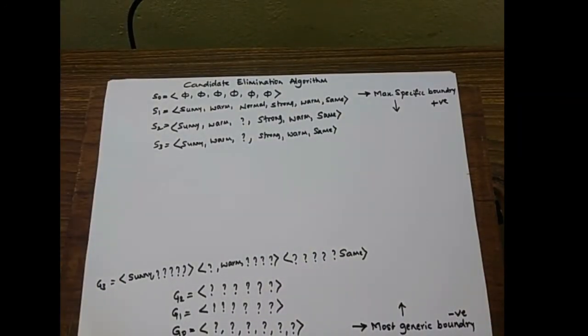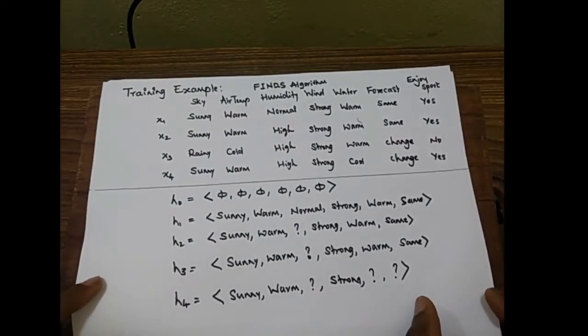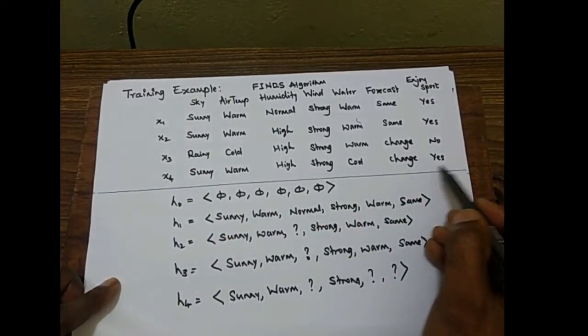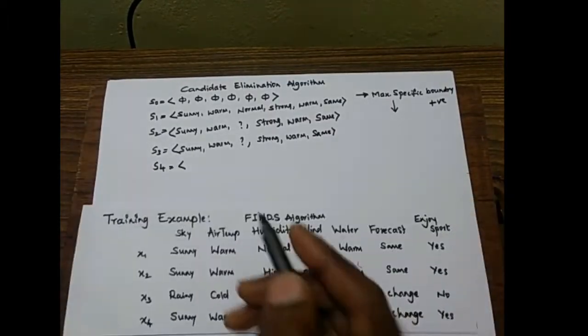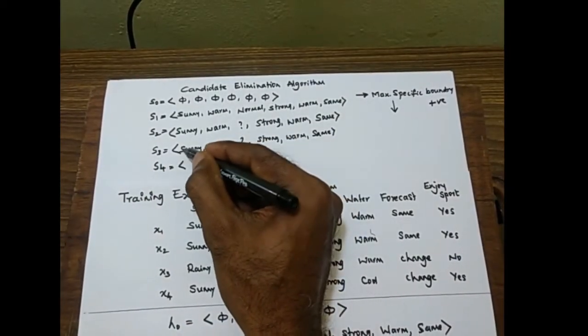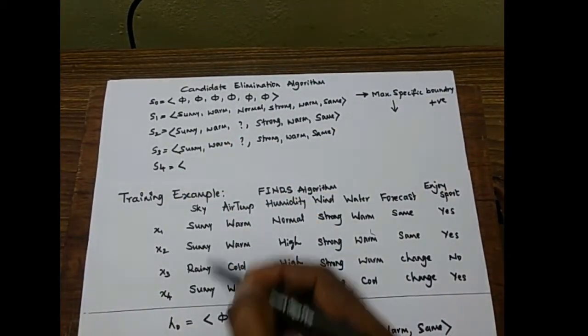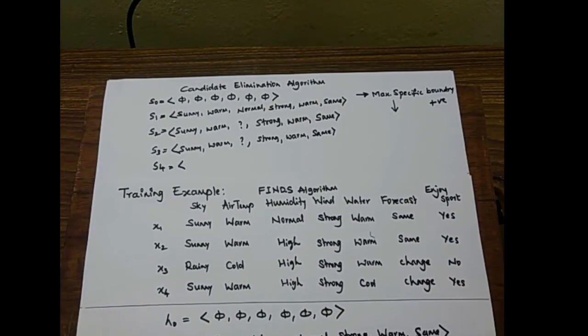We will go for the fourth iteration. If you see in case of the Find-S algorithm, X4 is positively classified. That cannot be considered here. In case of S4, we can compare the S3 value with the X4 value, and if they are same we will write it, otherwise we will write the question mark as we have written in the earlier one.